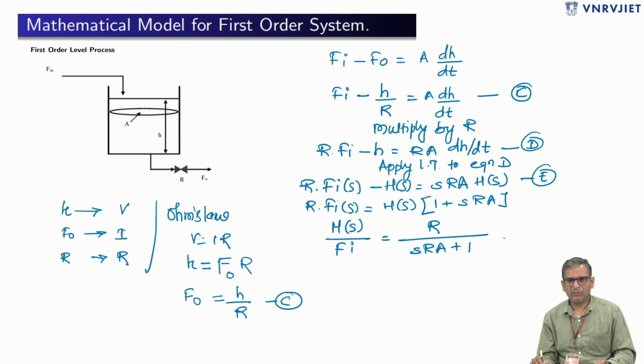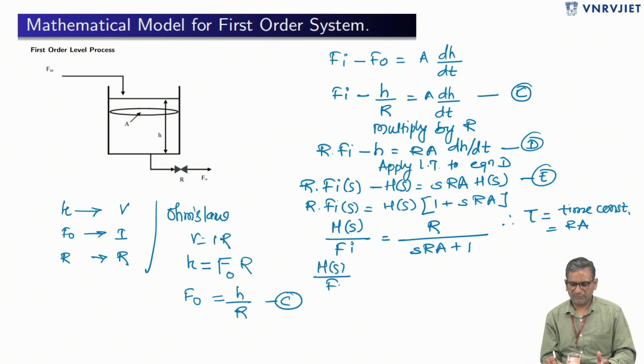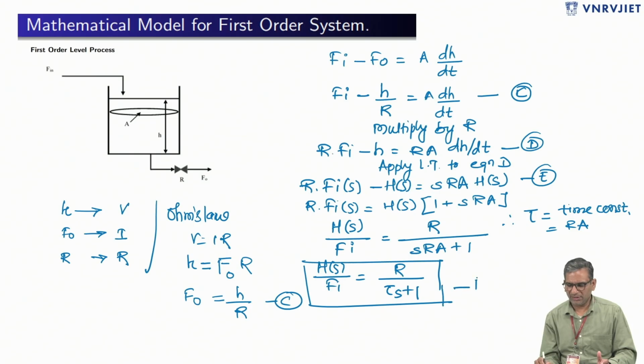Now this is a first order system, so let's say tau is the time constant, which is given by RA. We can rewrite this equation as H of S divided by Fi of S is equal to R divided by tau S plus 1. This gives us equation F.